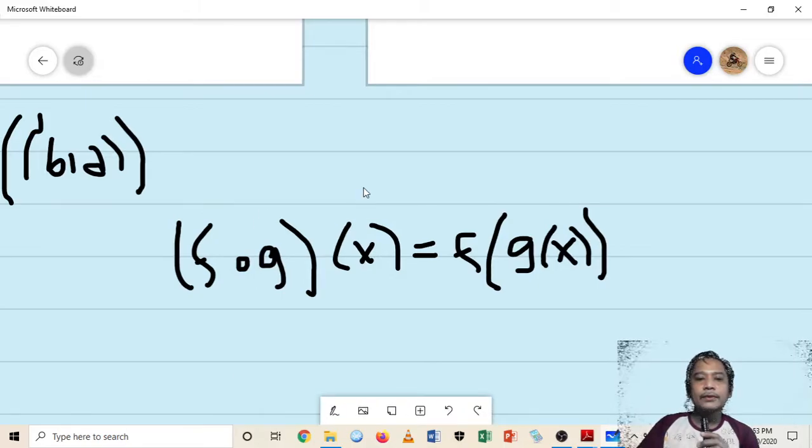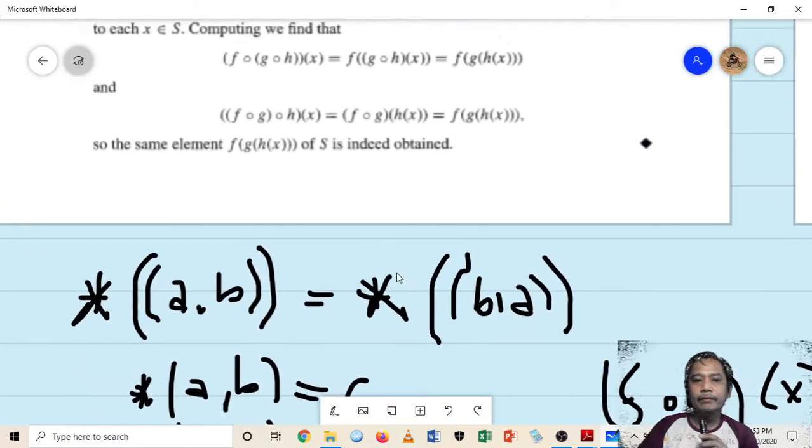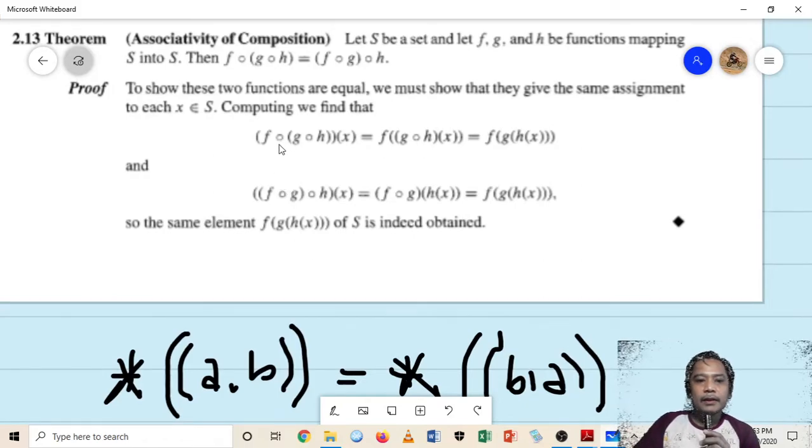Okay, so we have here the proof. If we have f circle quantity g circle h of x, consider this as just one function. So this would be f of this function of x, so f of g circle h of x. But then g circle h of x will be g of h of x. So we'll have f of g of h of x.